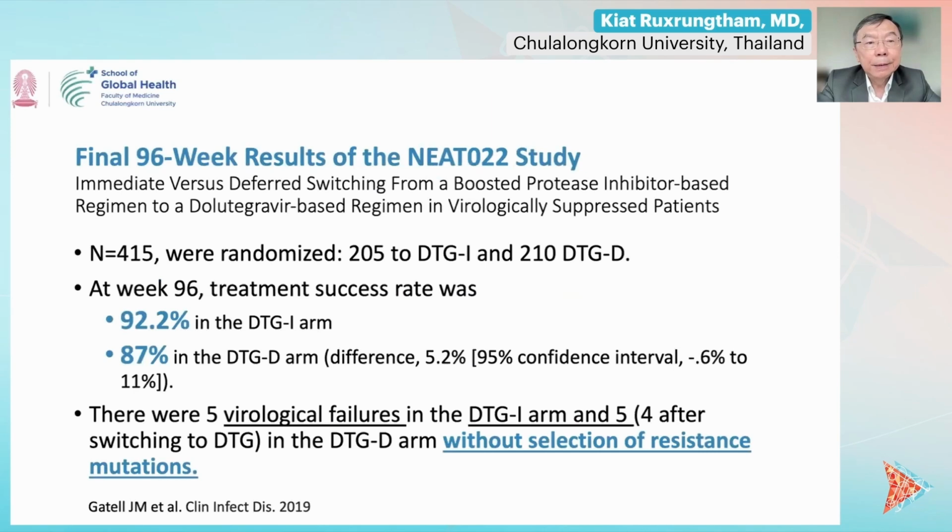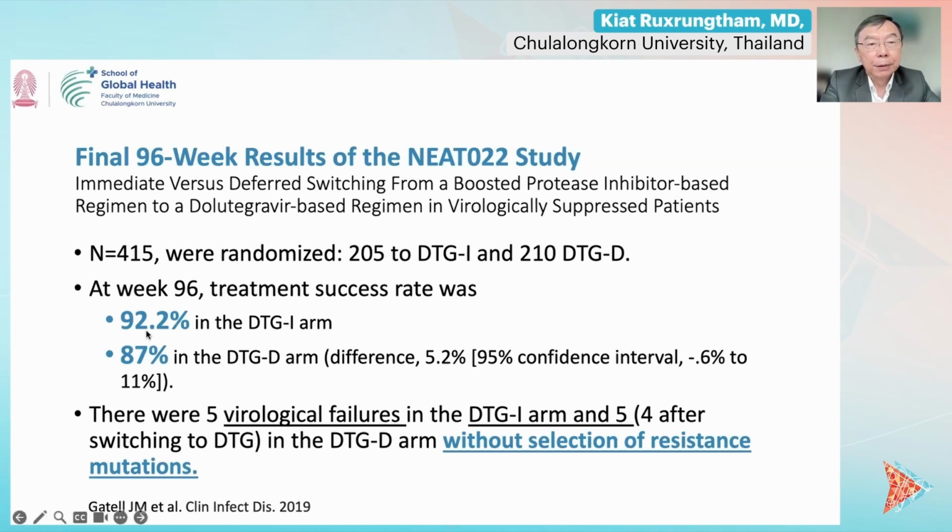This is also shown in the switch study, the NEAT 022 study. Look at the 96-week results with a sample size of about 400 individuals randomized to immediate switch to DTG in well-suppressed patients, patients who have been on boosted PI and very well suppressed, or deferred DTG.